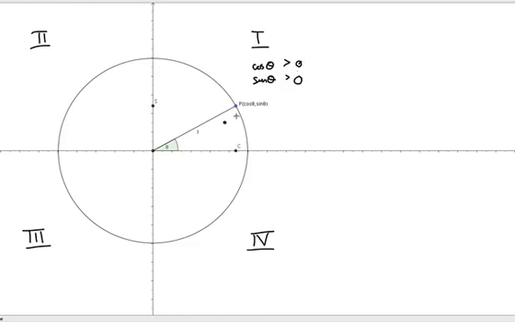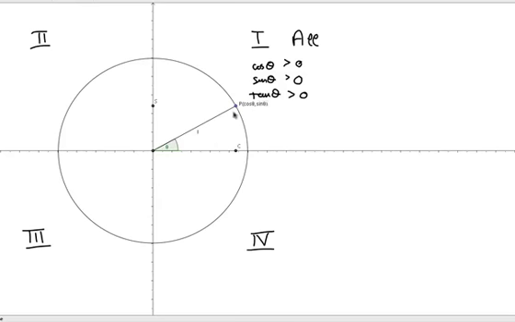And since tan theta is this one divided by this one, tan theta also will be greater than 0. Divide two positive quantities and you get a positive quantity. So that's your first quadrant where they're all positive. Cos, sine, and tan, all positive.